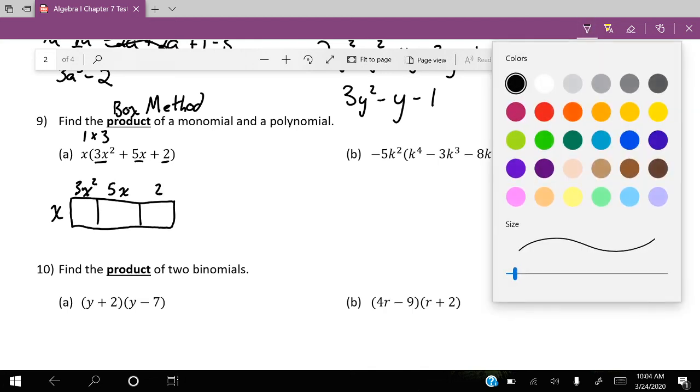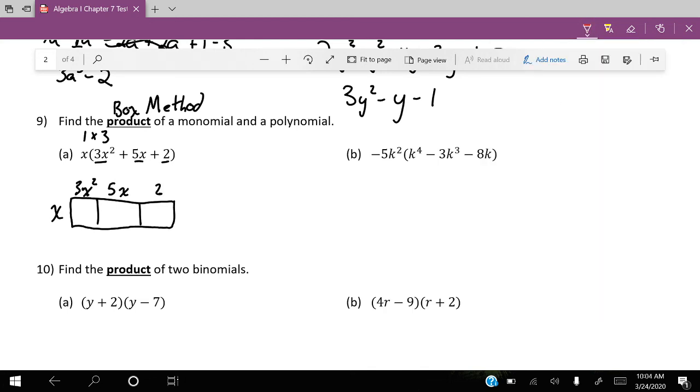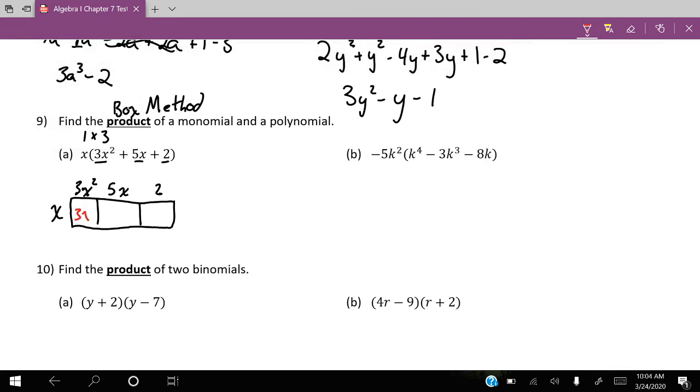All right, and I'm going to go ahead and multiply these. 3x squared times x is just simply 3x to the third. 5x times x is 5x squared. 2 times x is 2x. And we want to write them as an equation, so we're going to say 3x to the third plus 5x squared plus 2x.